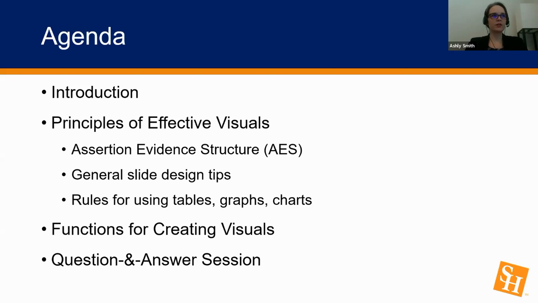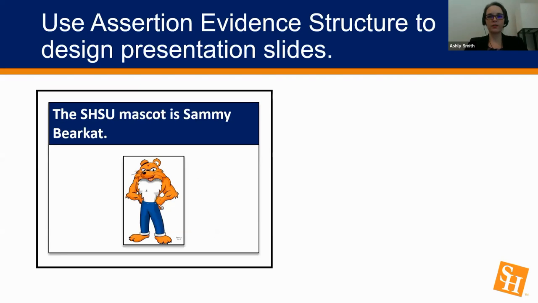So we're going to start again with principles of effective visuals, and we're going to talk first about assertion evidence structure for slide design. This assertion evidence structure, which I'm going to refer to as AES, is a structure for developing your PowerPoint slides that is based on research in classrooms and in workplace training scenarios.